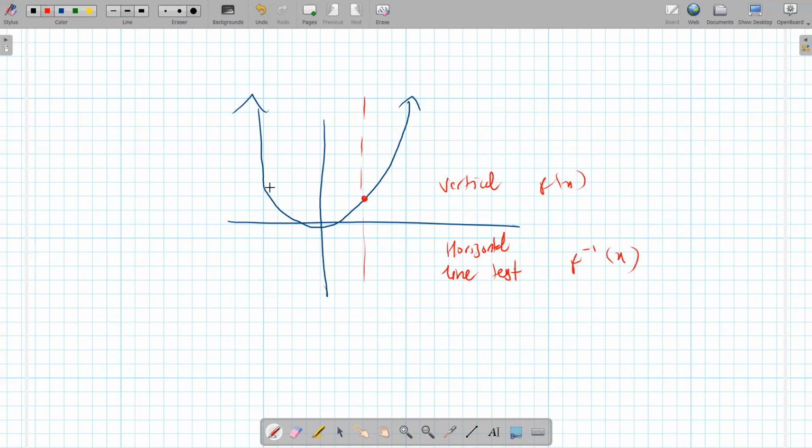If you do a horizontal line test here, it crosses the graph twice, once here and once here. That means f inverse of x for this is not a function. And we knew that because the inverse of that is plus minus square root of x, which would fail the vertical line test, but this is given to you by the horizontal line test on the main function.